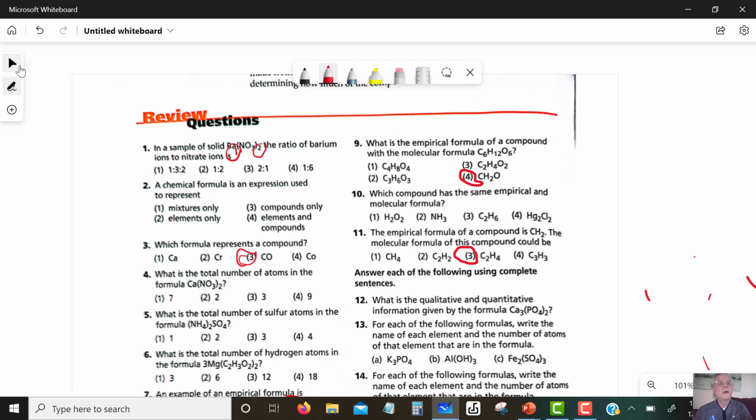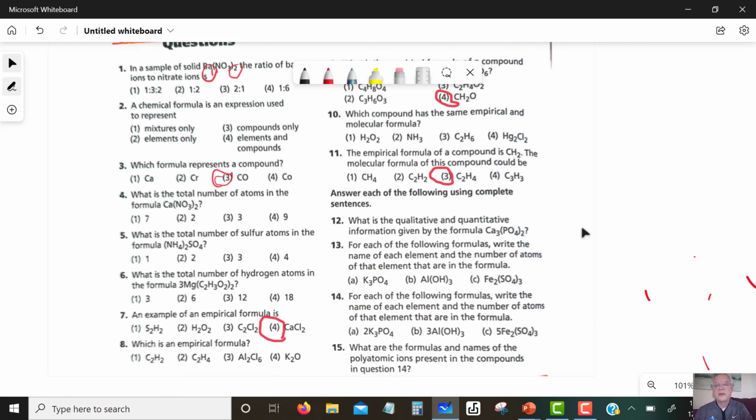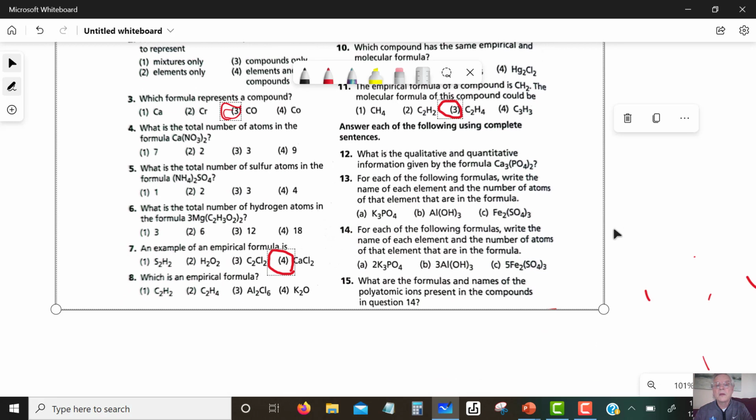Let's look at the next one. Number 13. For each of the following formulas, write the name of each element and the number of atoms of that element that are in the formula. So I'm going to start with what seemingly is the more difficult of them.